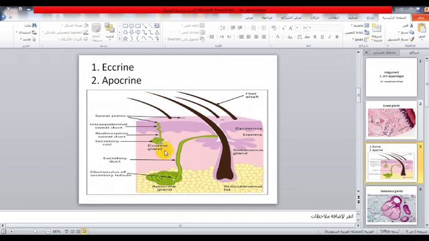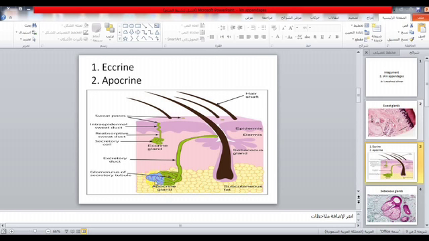Also, the secretory portion is surrounded by another type of cell called myoepithelial cells. They are smooth muscle cells surrounding the secretory portion of the eccrine sweat glands and enveloped by its basal lamina.